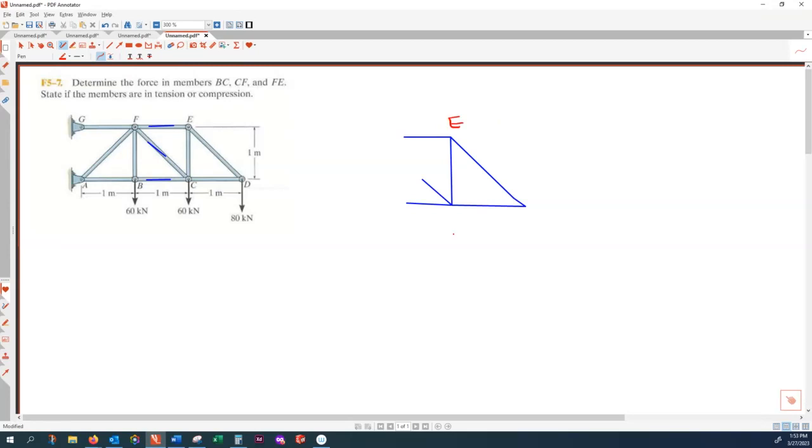The labels I copy from the question. And then I include the external force here, that is AT. At point C, there is an external force of 60 kilonewton. So what is missing here? In my right-hand side free body diagram, what is missing?